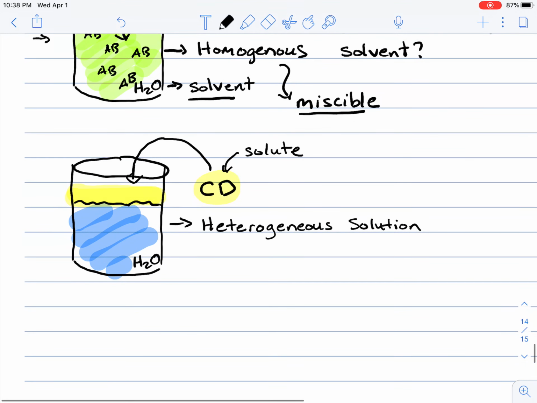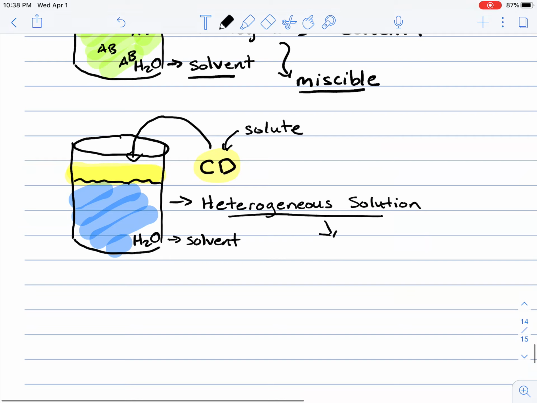And so if our solute does not dissolve in this solvent, and we form a heterogeneous solution, then we would say that the solute is immiscible in the current solvent that it's in.